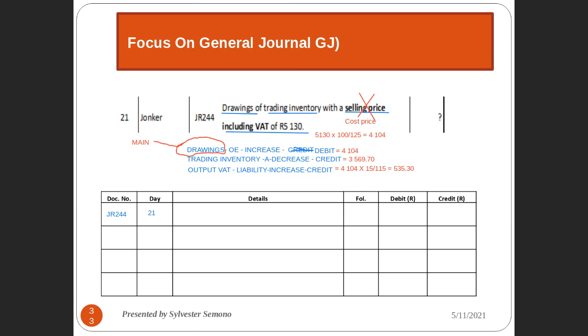Let me just use my calculator. Okay, let's just take it as 3569, because even if you convert 3568.7 it's going to be 3569. I can ignore the signs if you want, but I'm going to take 3568 because you said it's 3568, okay? I'm going to take that one. Hopefully you understand. So which account do we start with?